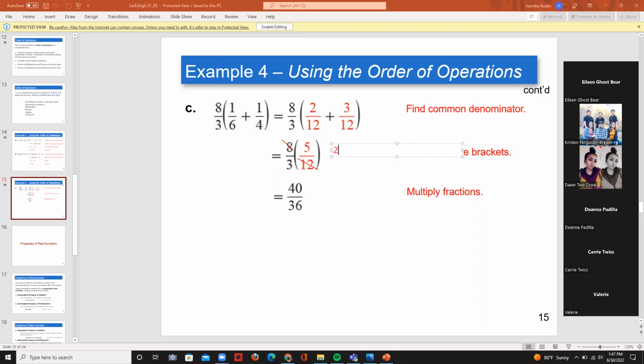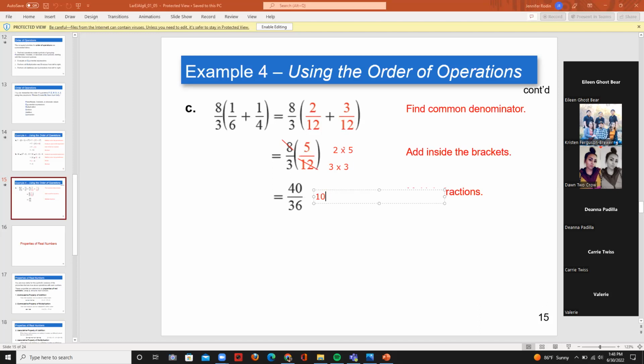2 times 5 on top. And then on the bottom, it's going to be 3 times, 4 into 12 was 3. There. So it's going to be 10 over 9.